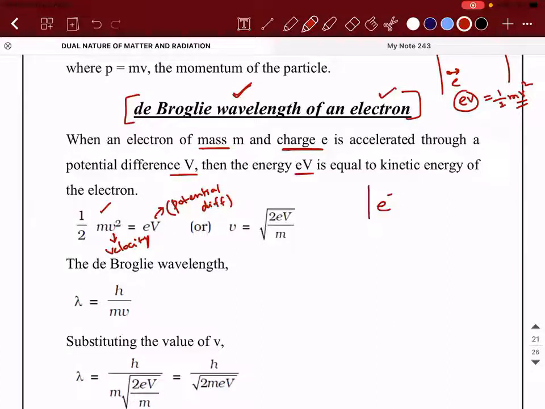Now I'll take this electron and put it in a chamber of small potential difference. Then what will happen? The electron tends to accelerate. Yes. So eV will be the amount of work done by the potential difference.